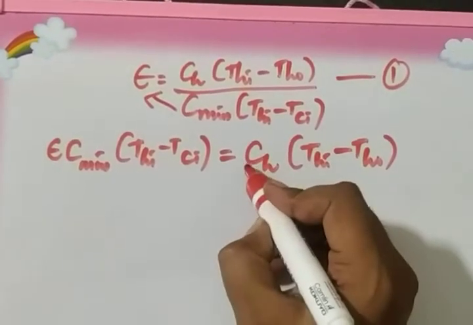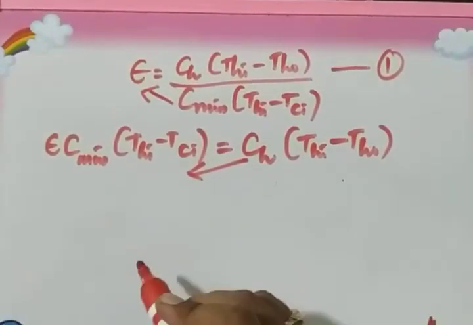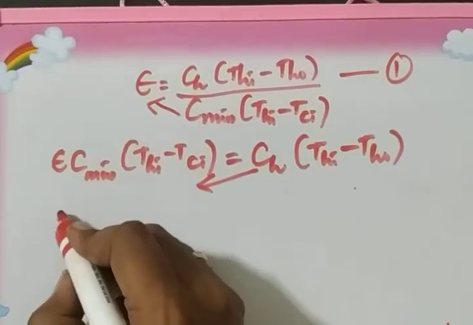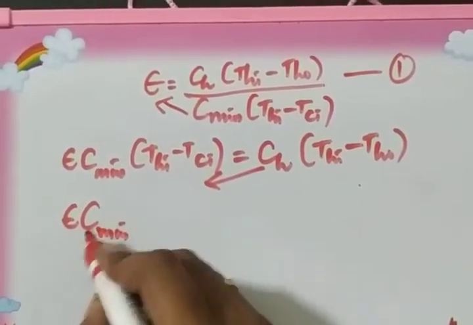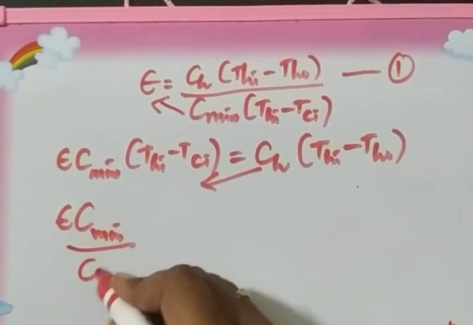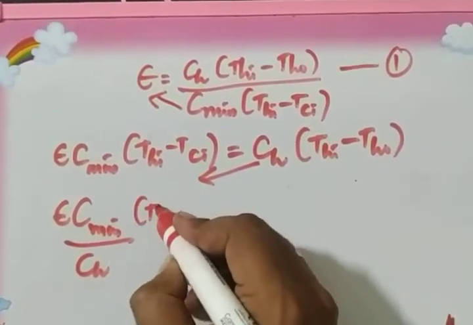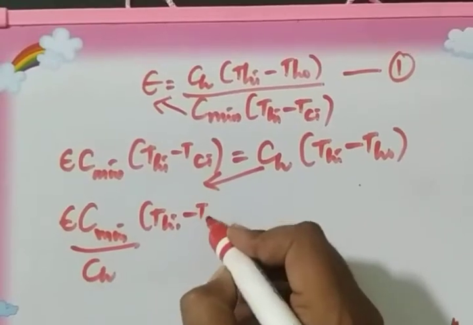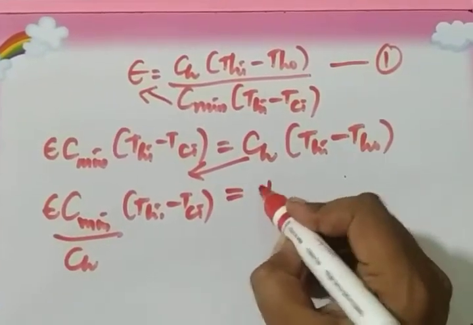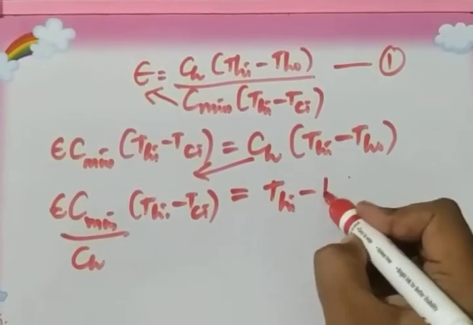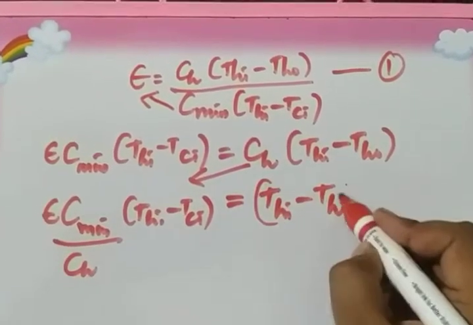Now further I'll bring this CH to the LHS. Therefore we get effectiveness into Cmin divided by CH multiplied by THI minus TCI, that should be equal to THI minus THO.